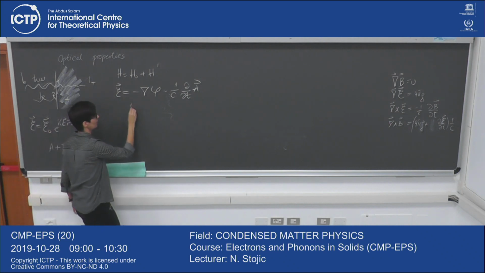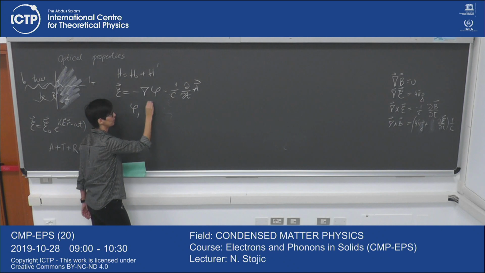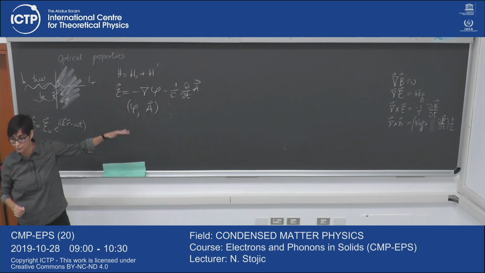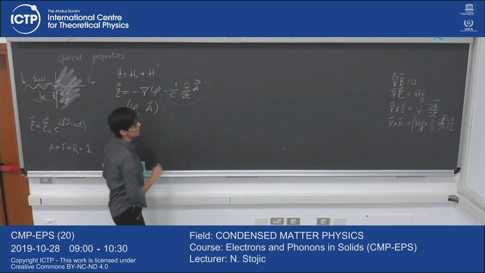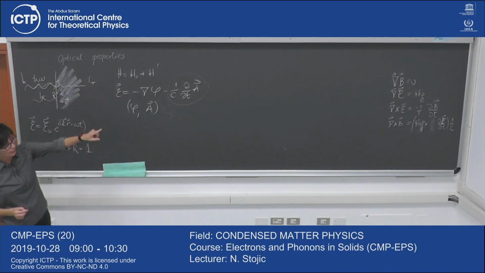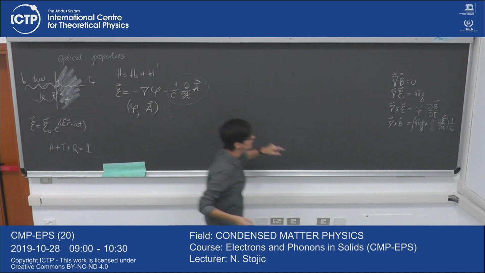My fields are the scalar potential and the vector potential. You know this. This will determine the fields. I can add this part, and I will still satisfy all the equations. You take the curl E, you will get it right. You will just get the curl of A when you put it here.